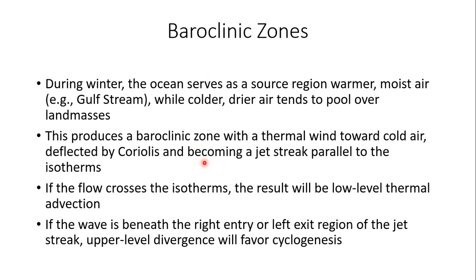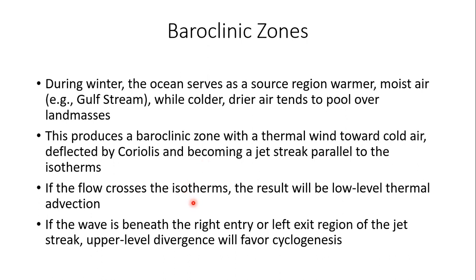Baroclinic zones are also very frequent over the middle latitudes during the winter season when we have large temperature contrast, a clash of air masses, extremely cold air, polar air, Arctic air coming down from Canada, meeting warmer, moist, maritime tropical air from the Gulf of Mexico. So the central U.S. is another very good area, flat terrain, where we get good baroclinic zones.